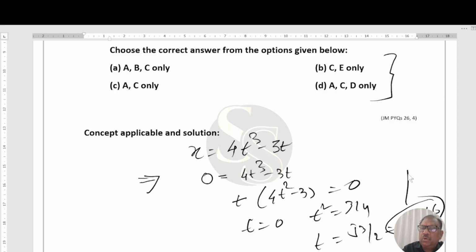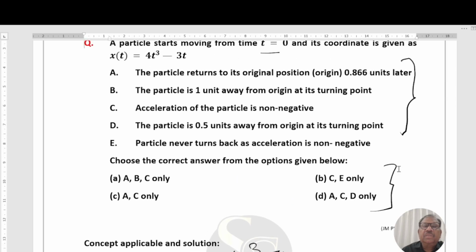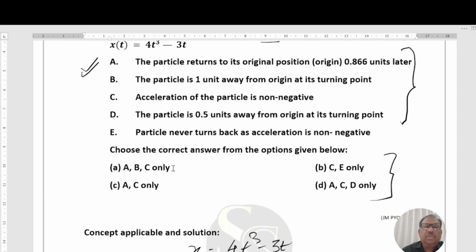Means it returns to original position at t equal to 0.866. So we have considered later. A is the correct option. Right? One of the answers is correct.